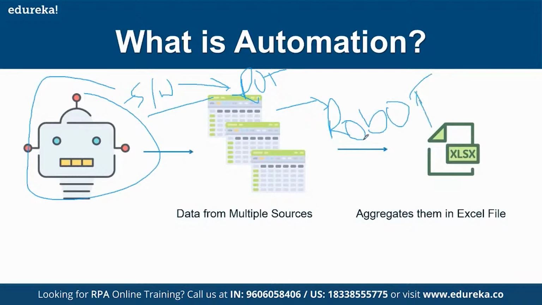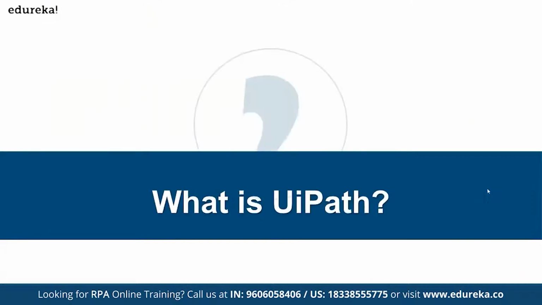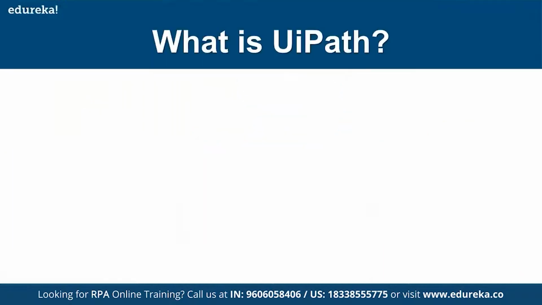Generally, a robot is a software which has the capability to mimic human actions, whatever actions the human performs on a computer or on a screen. Now your robot has all the capabilities to mimic the human actions, whatever he is doing. So that is automation. And we have looked into what UiPath is.